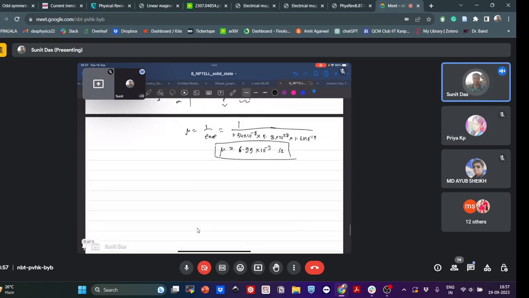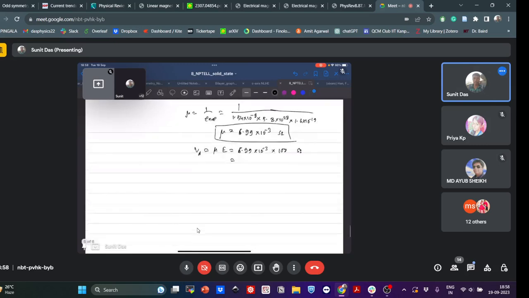Now if we know the mu, then drift velocity is just mu multiplied by electric field, which is 100 SI unit. So this is 0.699 meter per second. Okay, so this is the drift velocity.